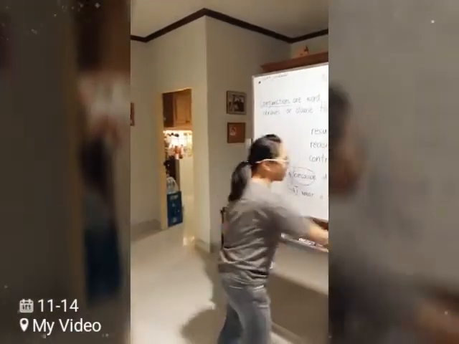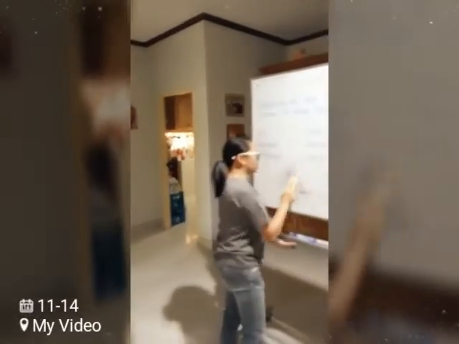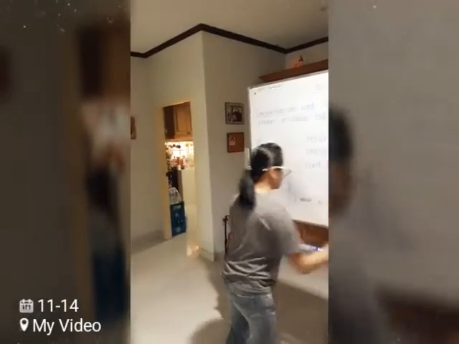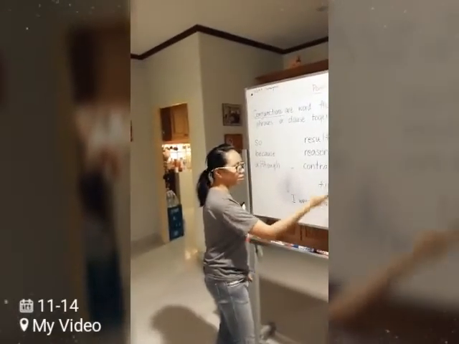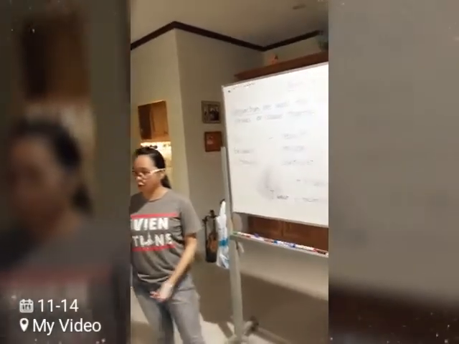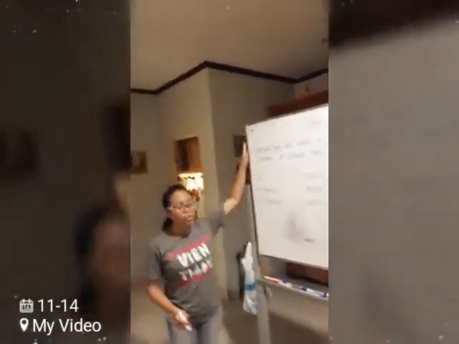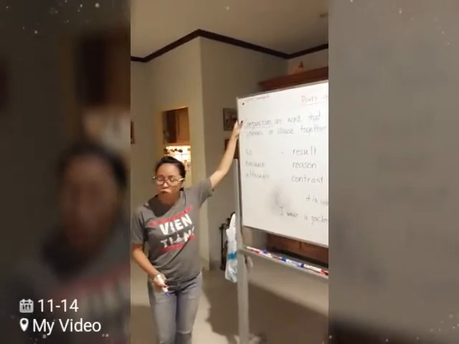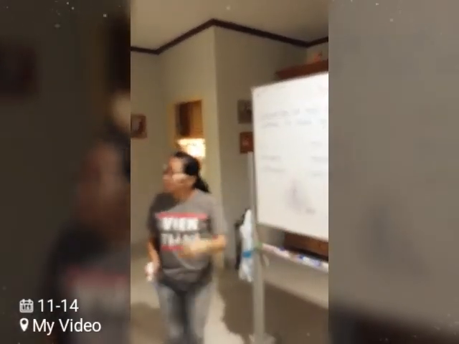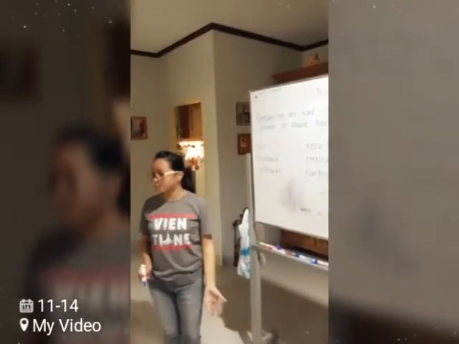Because look at this one. If we are not going to use the conjunction because, I wear a jacket, it is cold. Is it complete? No. Oh no. That's why conjunction is important to use so that the clauses or the sentence will be complete.